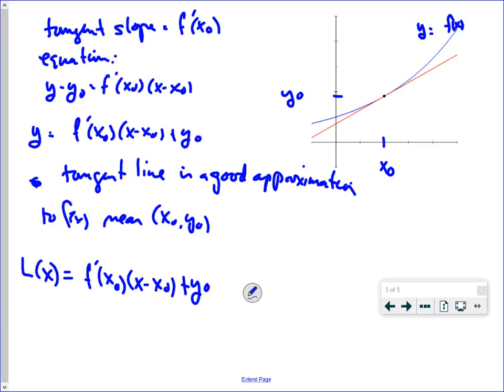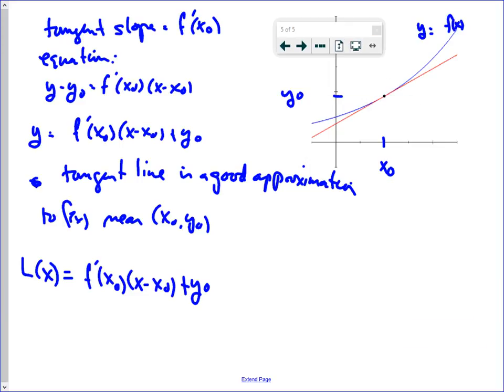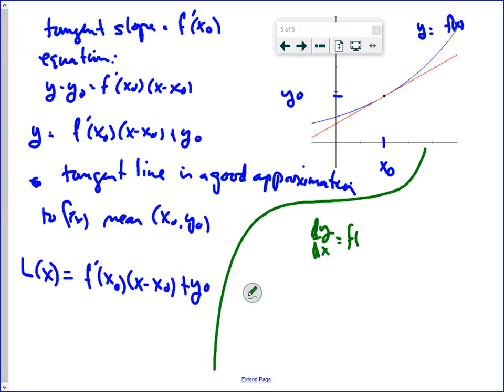Now, I'll go into more detail on this next time when I actually come up with the Euler's approximation formula for a differential equation. But we want to use this idea to approximate a solution to a DE. In other words, we will have a first order differential equation.